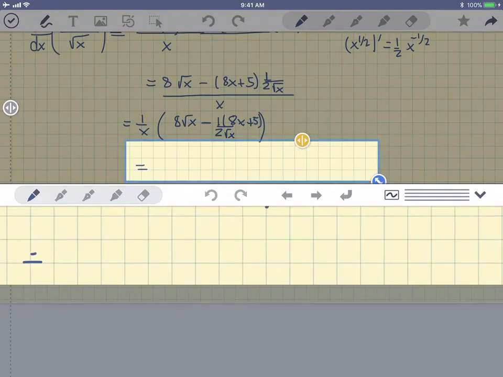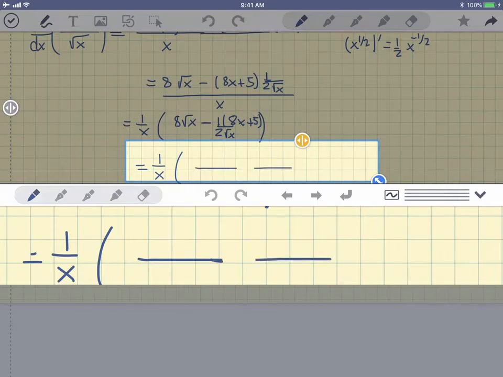There's many ways to do it. I'm going to leave this 1 over x in the front like this, and this big parentheses, I want to write this in the same denominator, which is the root of x, right? And then if this one had 8 root of x before, I need to write times that denominator.